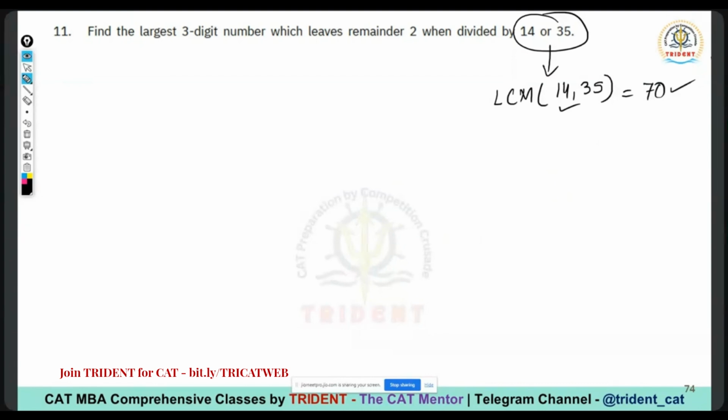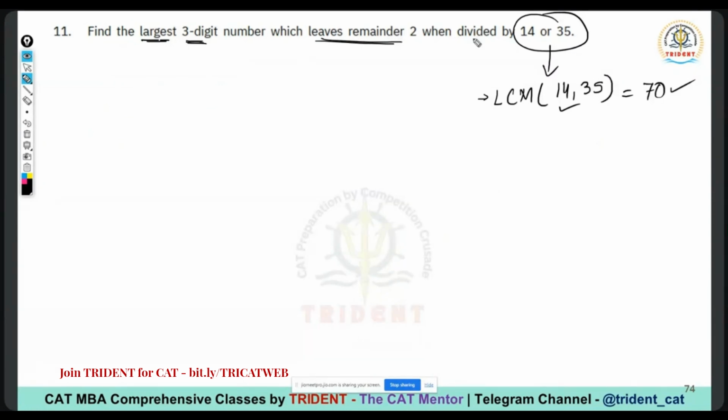Now Varun, regardless of LCM or HCF, I need to find the largest number. I started with LCM, the lowest common multiple, but the question asks me to find the largest three-digit number which leaves a remainder of 2 when divided by 14 or 35.